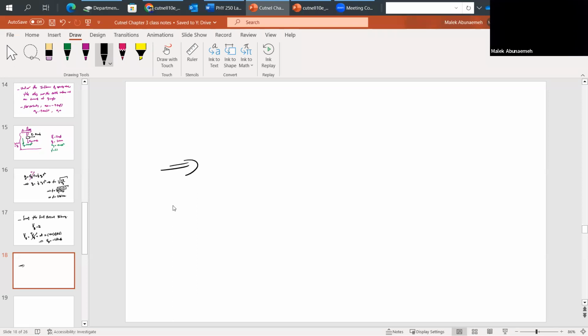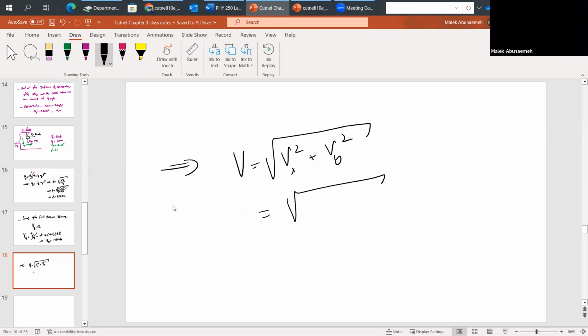which means that the final velocity, your resultant velocity, is going to be your x velocity squared plus your y velocity squared. All right.